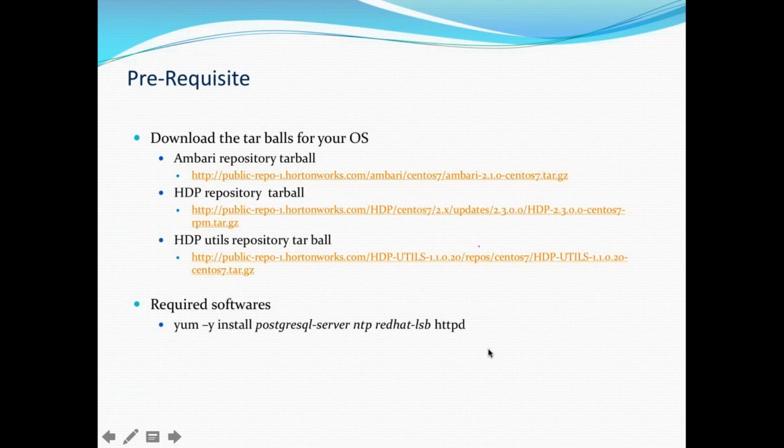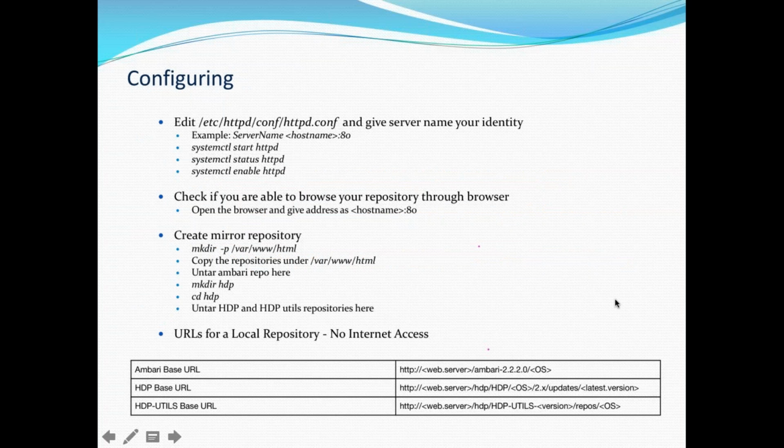Then we are going to make our machine a repository machine. We are going to install the HTTP server on that machine and host our repository. Okay, so let us do that activity. We'll follow the hands-on document to do this.